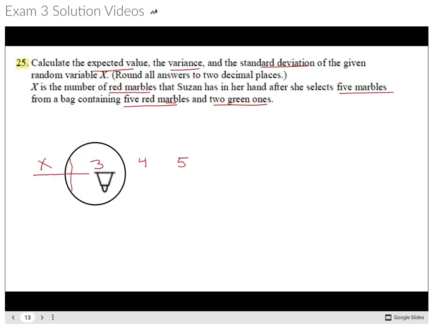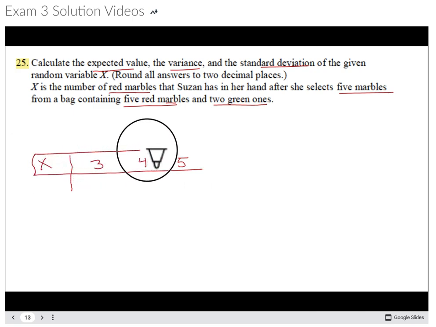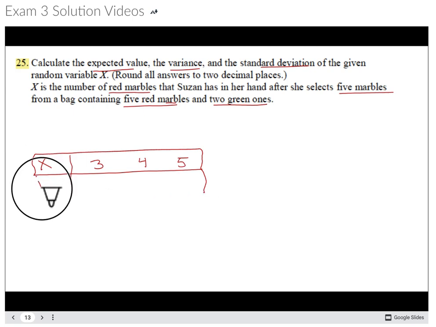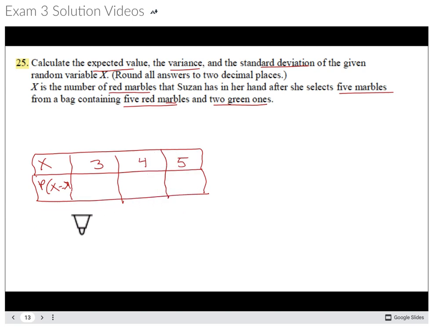So we first have to calculate this because we need the probability distribution. We need the probabilities, the probability that big X equals little x. And then once we have that, we will be able to calculate the expected value first.